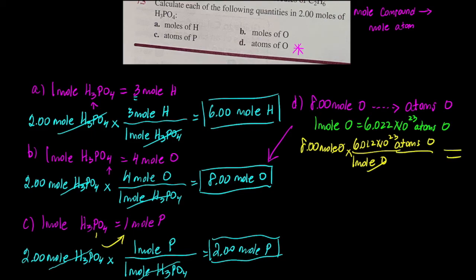And that's going to be equal to, we have to use our calculator here. And we want to round this off to 3 sig figs, so significant figures. So we round this off to 4.82 times 10 to the 24. And be careful of the units. We want to write atoms and then what chemical? Oxygen, okay?